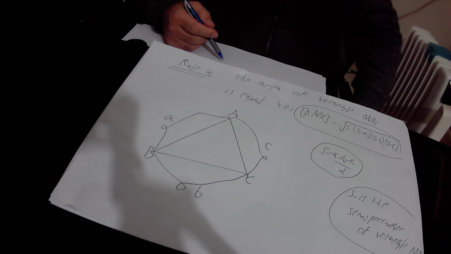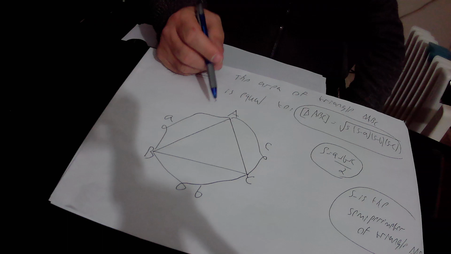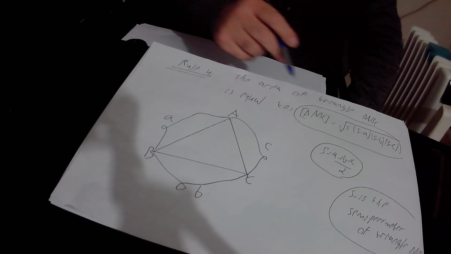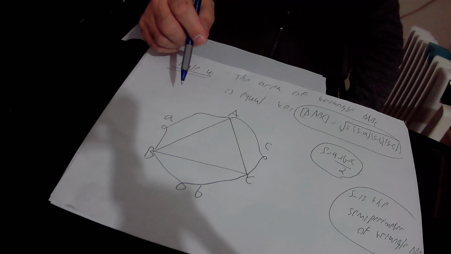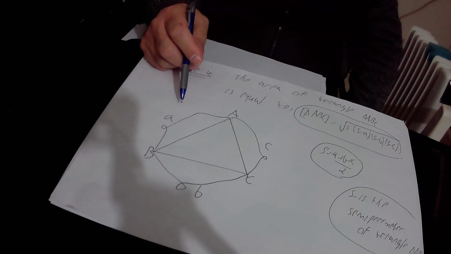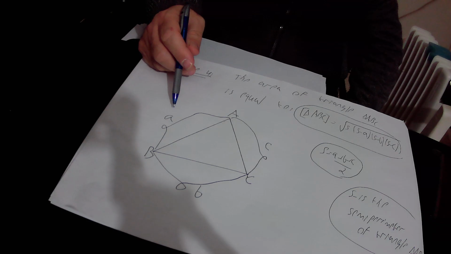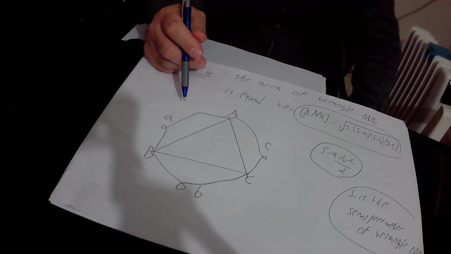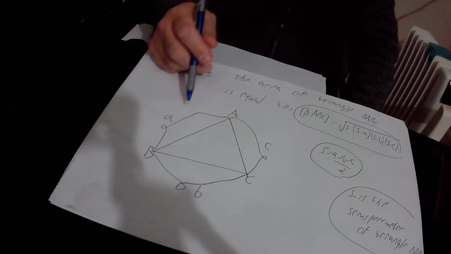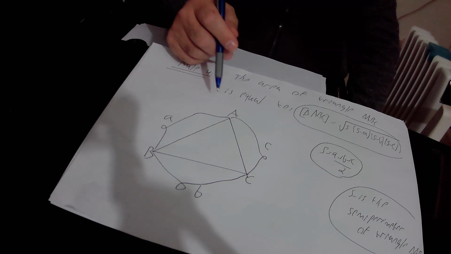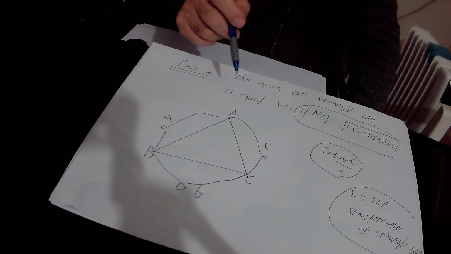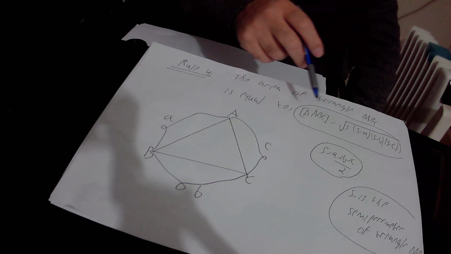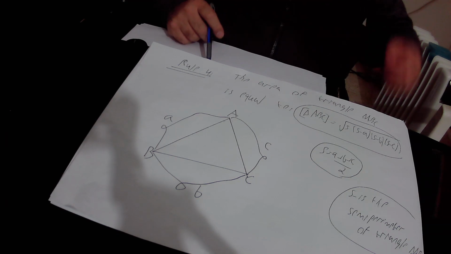We also know that the semi-perimeter of this triangle ABC, S, equals the perimeter, that is the sum of its side lengths, A plus B plus C, divided by 2. So S equals A plus B plus C over 2.